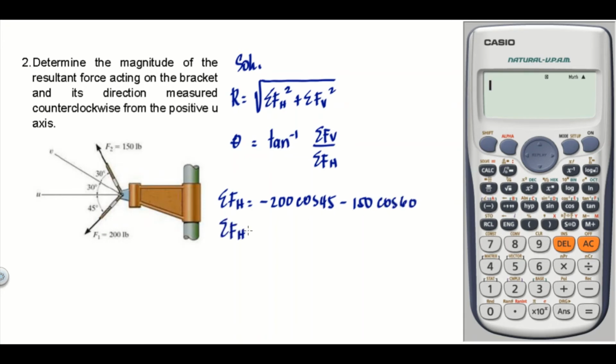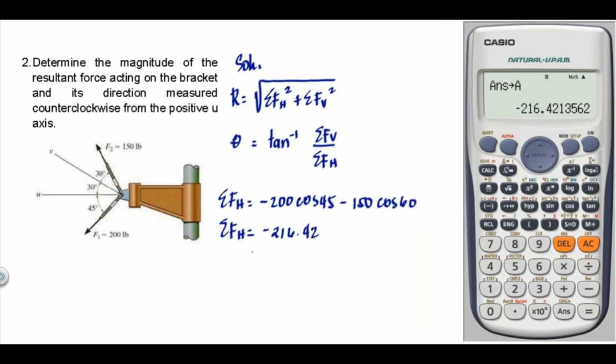Summation of forces horizontal is equal to minus 200 cosine of 45 minus 150 cosine of 60 equals minus 216.42 pounds. Okay? Store natin to sa A.